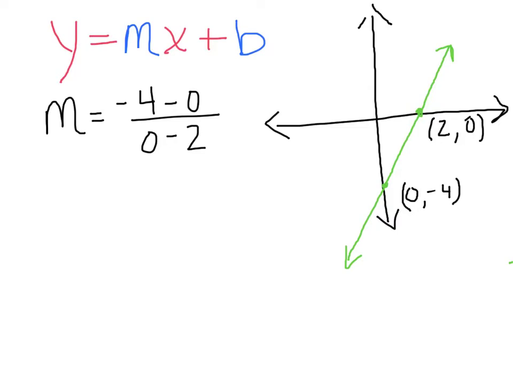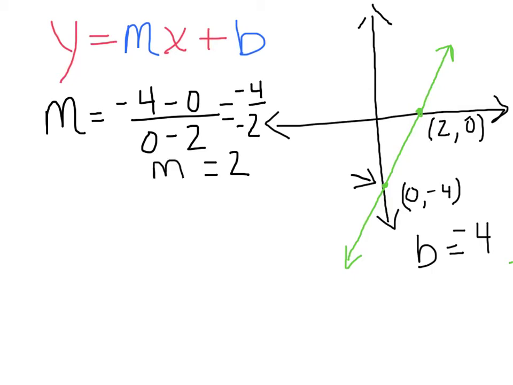This would give us negative 4 over negative 2, which would then equal a positive 2. If we look at this point where it's crossing our y-axis, we can see that b is equal to negative 4. So here I have m equal to 2, b equal to negative 4. It should be a simple jump to making our equation using slope-intercept form: y equals 2x minus 4.